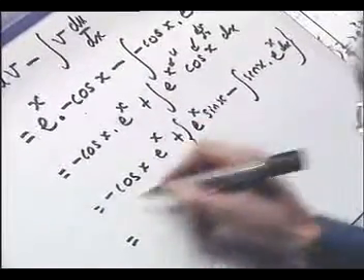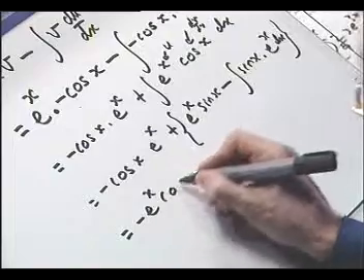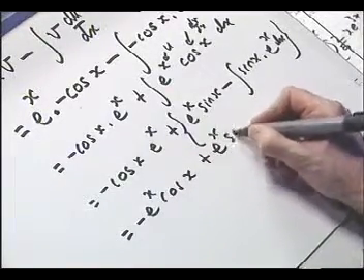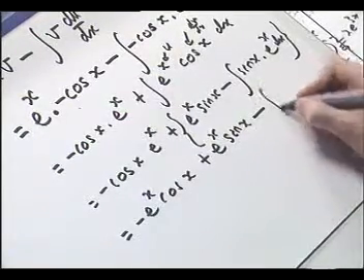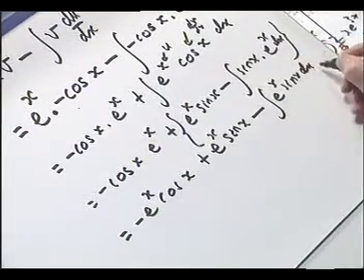So we've got this term at the front, which is minus e to the x cos x plus e to the x sine x minus the integral of e to the x sine x dx.